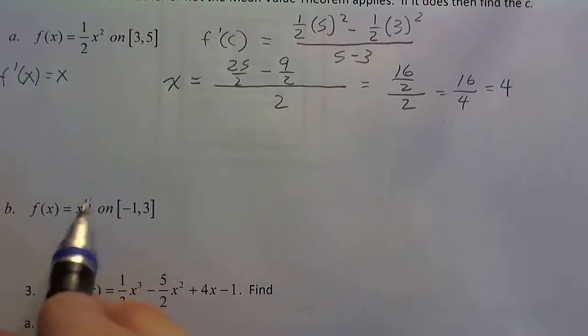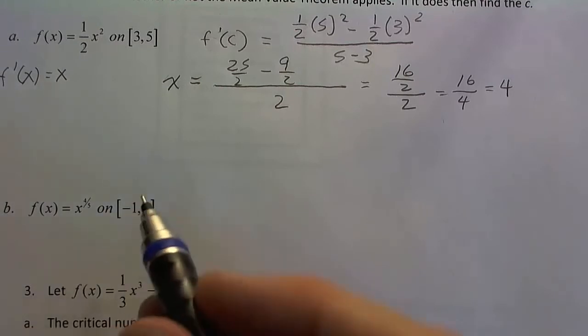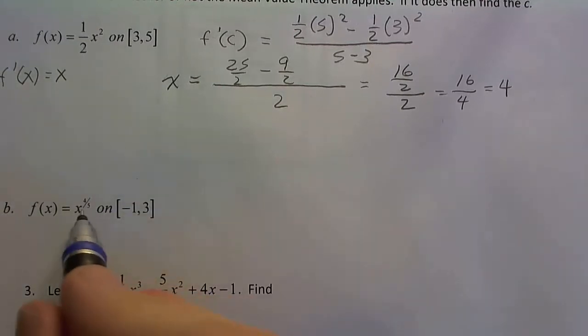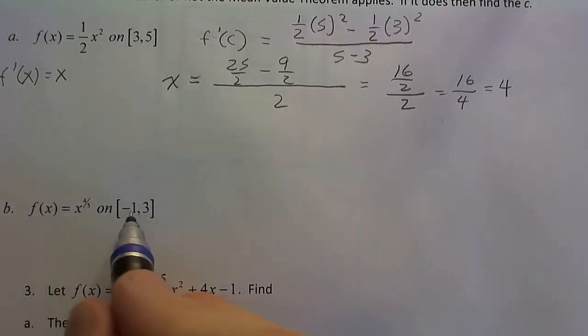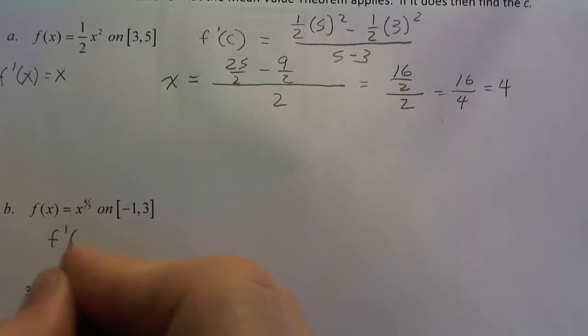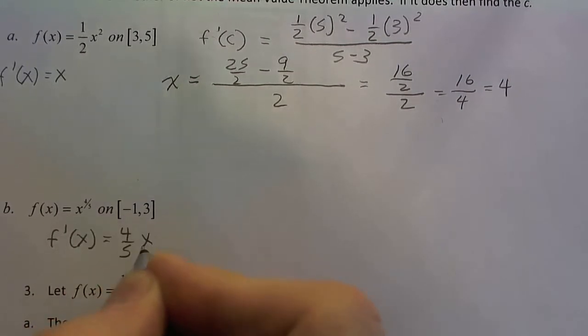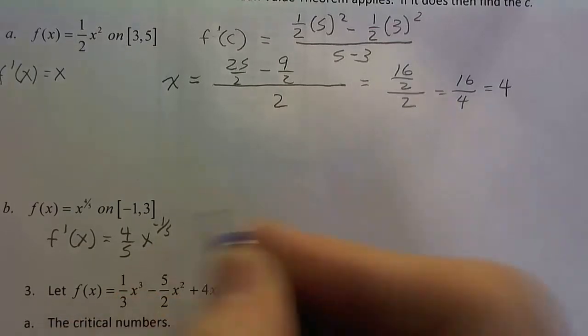Now on this one, we've got x to the 4/5. Okay, so now this looks to be continuous on this interval, right? But from -1 to 3. Let's see if it's differentiable. Let me find the derivative here. The derivative is 4/5 x to the -1/5.